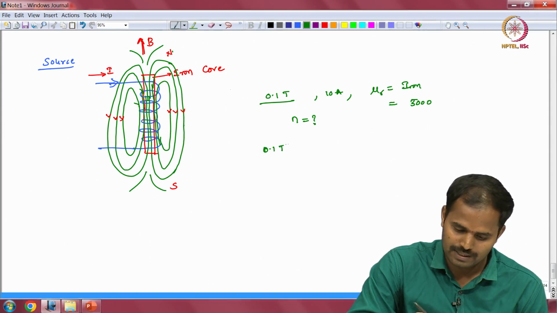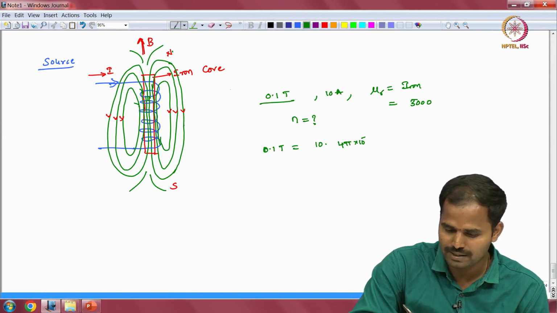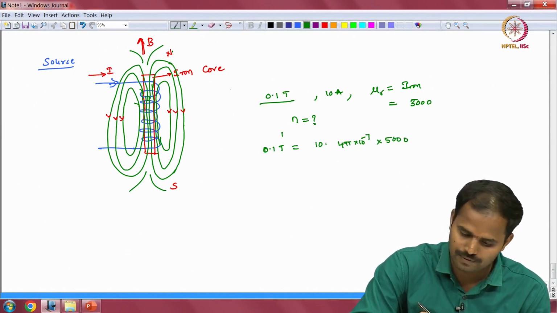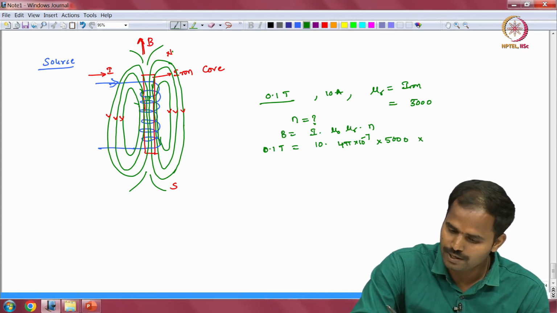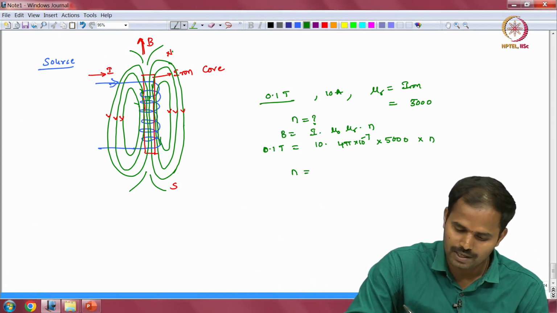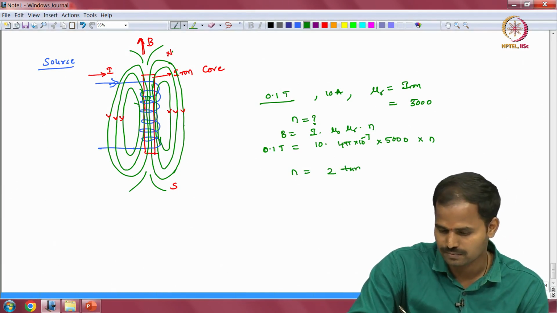B, 0.1 Tesla, equals 10 ampere into mu naught, 4 pi into 10 power minus 7, into 5000 which is the mu r value, into N. So, N we will get approximately 2 turns.